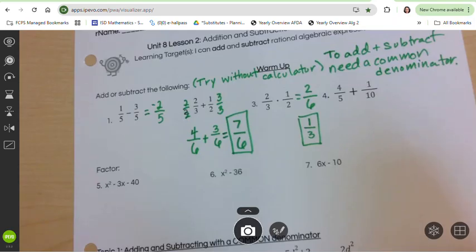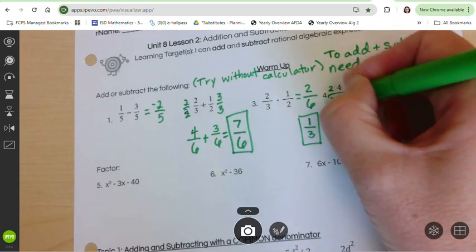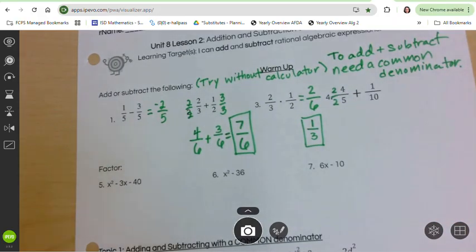All right, number 4, what common denominator are we going to use? 10 would be a good choice because I could multiply just the first fraction by 2 over 2. And then I would get a denominator of 10. Did anybody do the problem with a denominator of 50?